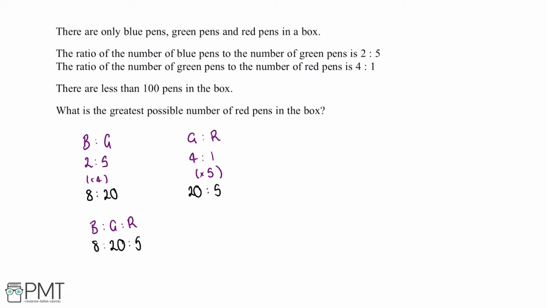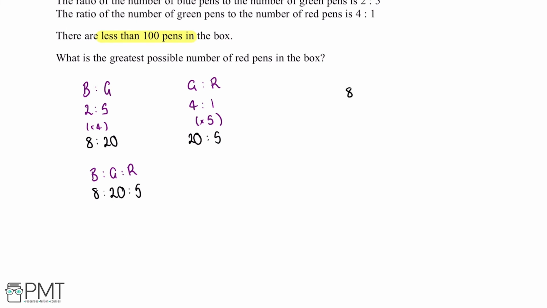So we've been told in the question there are less than 100 pens in the box. So we want to work out what the maximum number of pens we can put in the box with this ratio. So we can add these 3 values together, and 8 plus 20 plus 5 gives us 33.